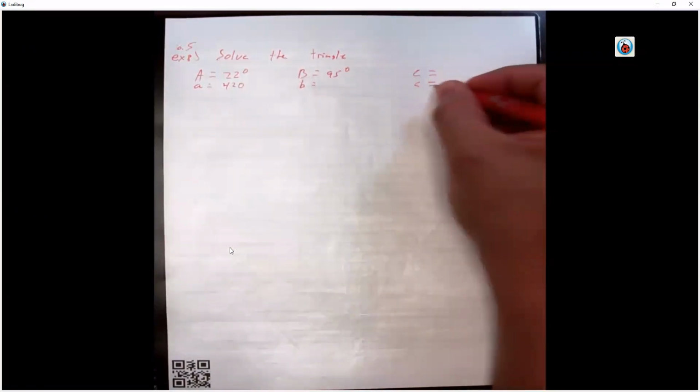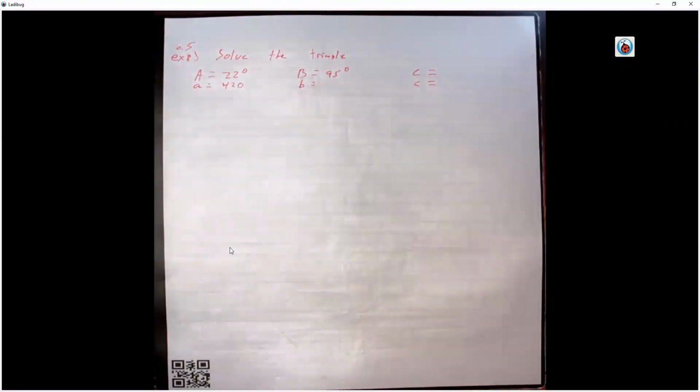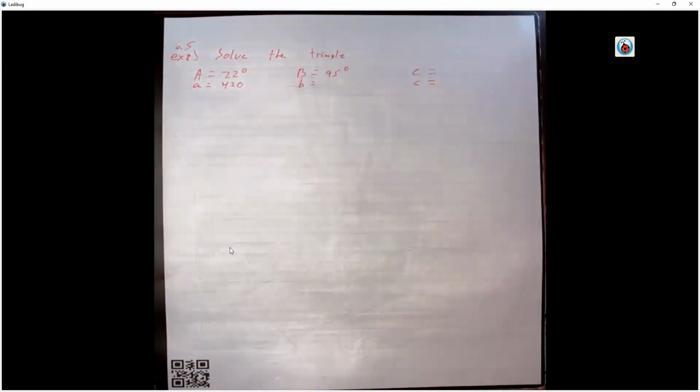C is also not. So all we are given is A, B, and little a. Again, you need to know which.